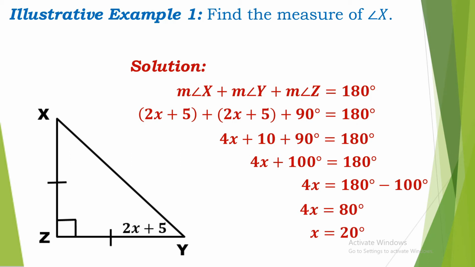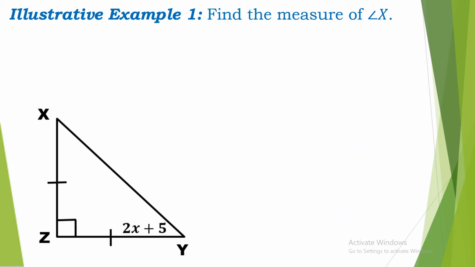Aside from this solution, we also have another solution. Now, since we have here a right triangle, and as I have said a while back, the sum of the interior angles of a triangle is equal to 180 degrees. So since this is already 90, then that means the sum of these two acute angles is equal to 90 degrees.